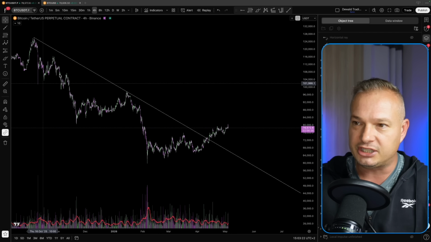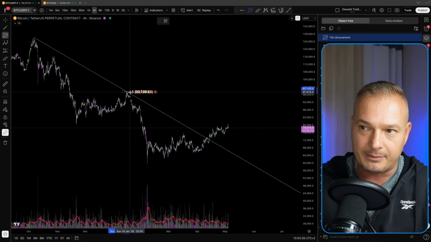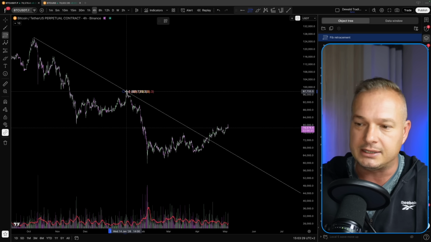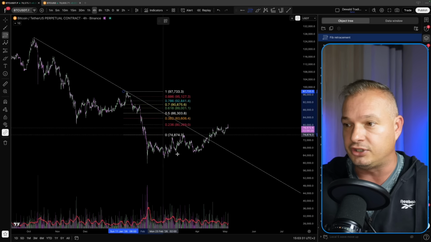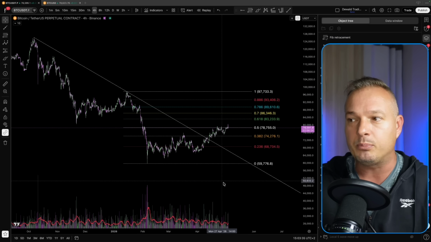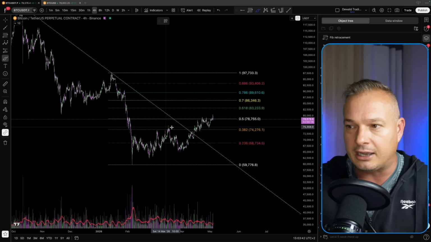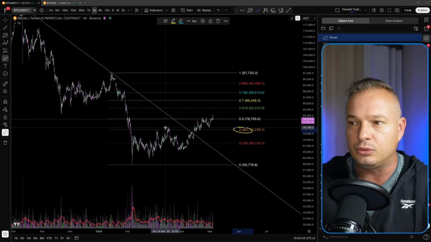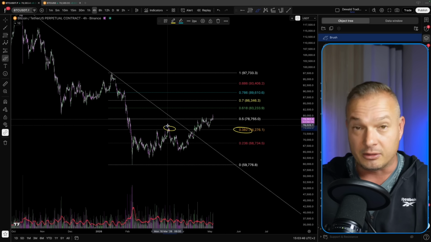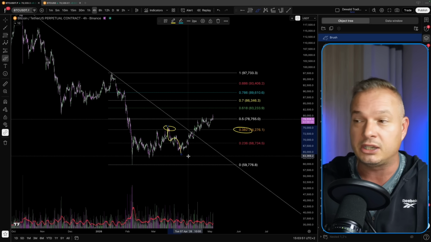Also, let me just change this back to regular scale. You can see when I take a fib from this pivot high that price created here on the 14th of January to the low that price created, drag it across, you can see where price is currently struggling to break through. Something interesting to point out is when the 0.382 got claimed for the first time, the price got a massive rejection to the downside, which provided an awesome shorting opportunity.